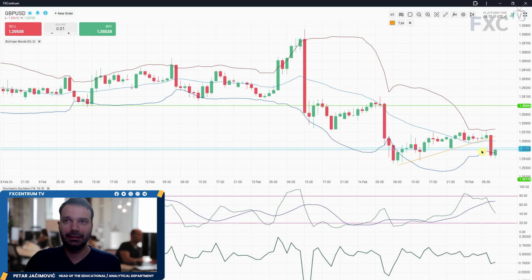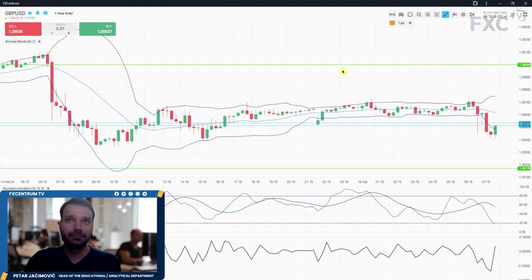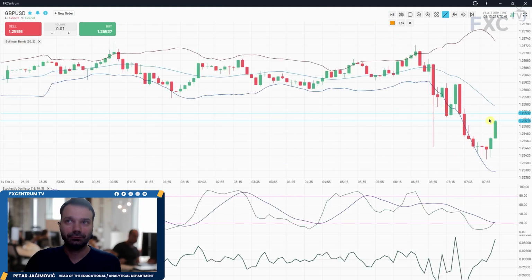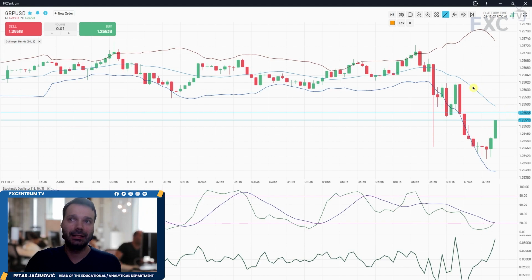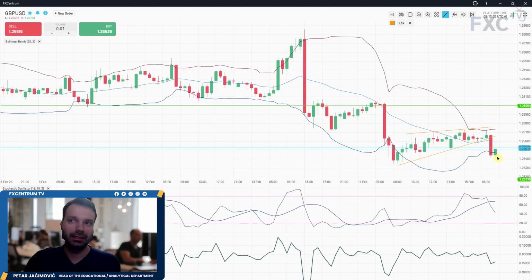So this was like a trend line and more like a bear flag pattern, and there was a breakdown this morning. So the market is now trying to rebound, and is rebounding, but as I said, pay attention. The rally, maybe to the middle Bollinger Band on the lower time frames, can be in a nice zone for potential further downside development.